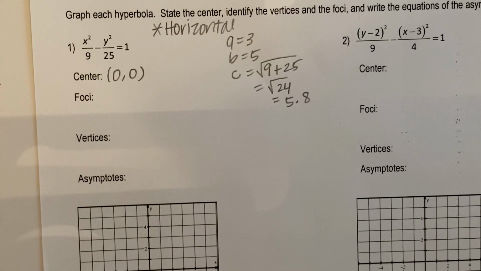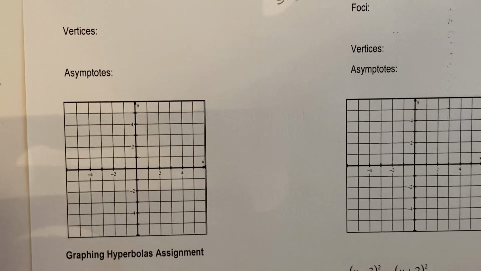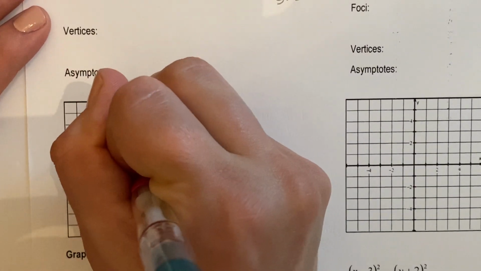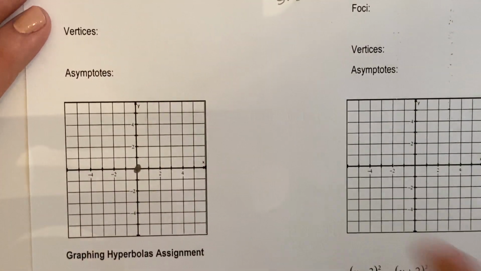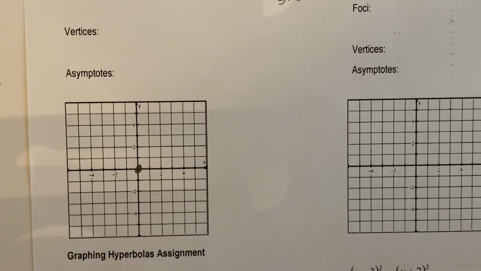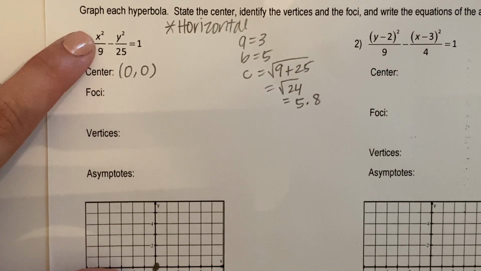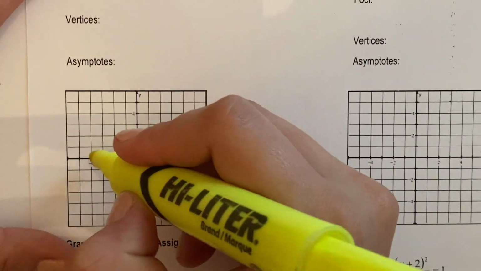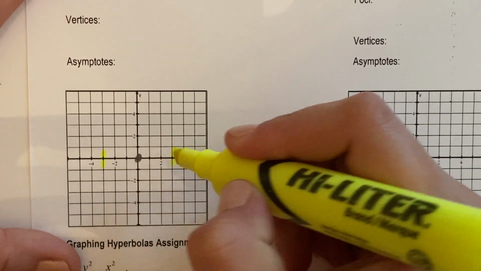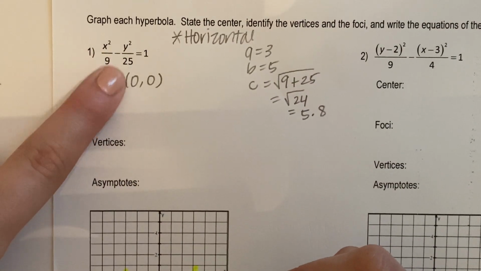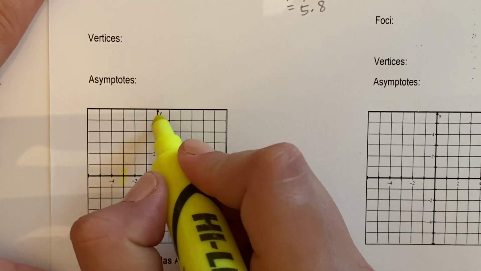And let's go ahead and graph our hyperbola. So I'm going to plot my center at 0, 0. And now I need to draw my box. So the 3 came from the x, so I'm going to go left and right 3. The 5 came from the y, so I'm going up and down 5.